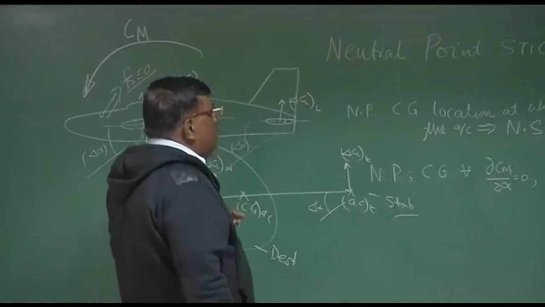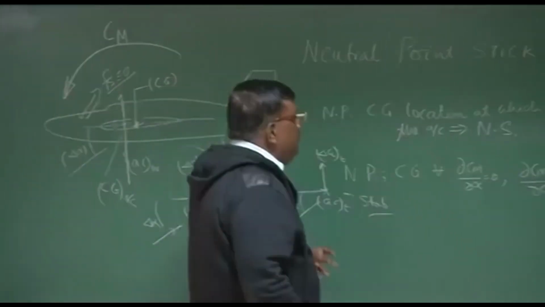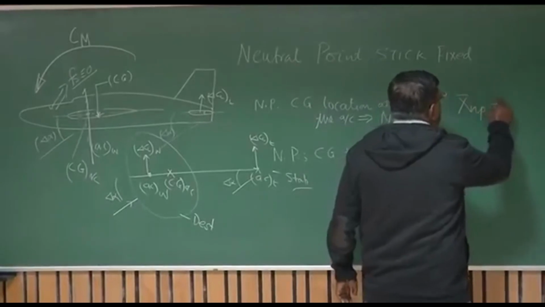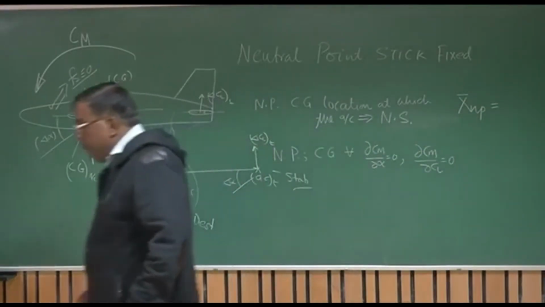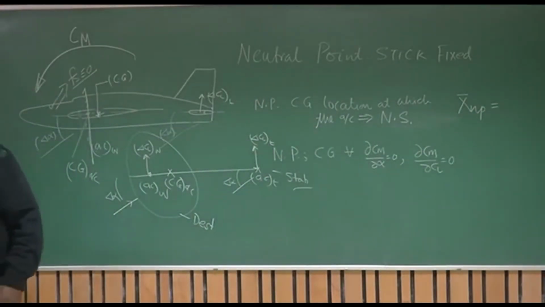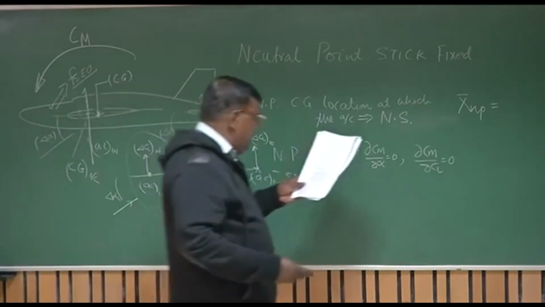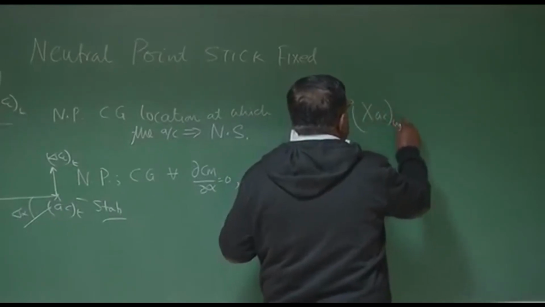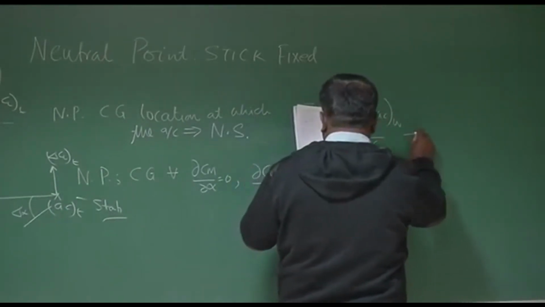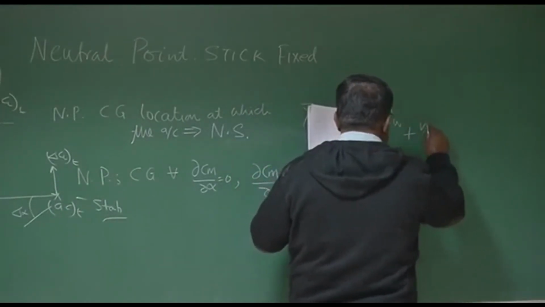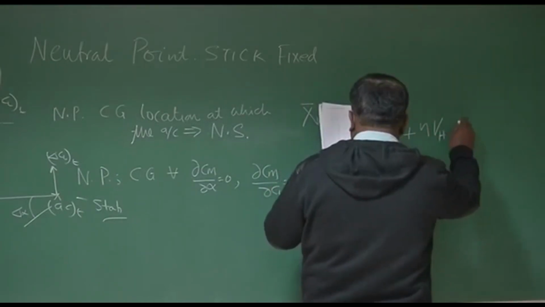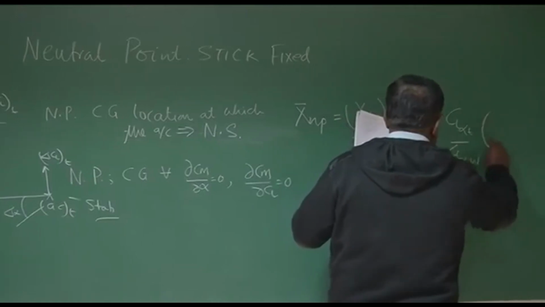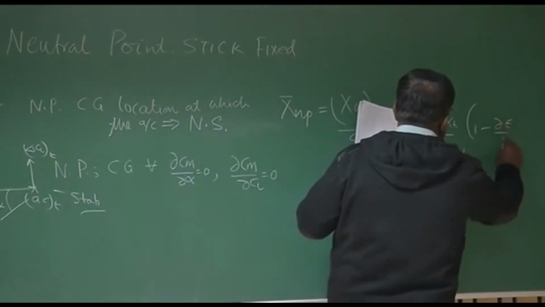So we'll now try to calculate neutral point for the given problem, and it's very straightforward when you understand this. If I write the formula for neutral point, that was x AC of the wing by C, plus eta VH, CL alpha tail by CL alpha wing, times 1 minus d epsilon by d alpha.